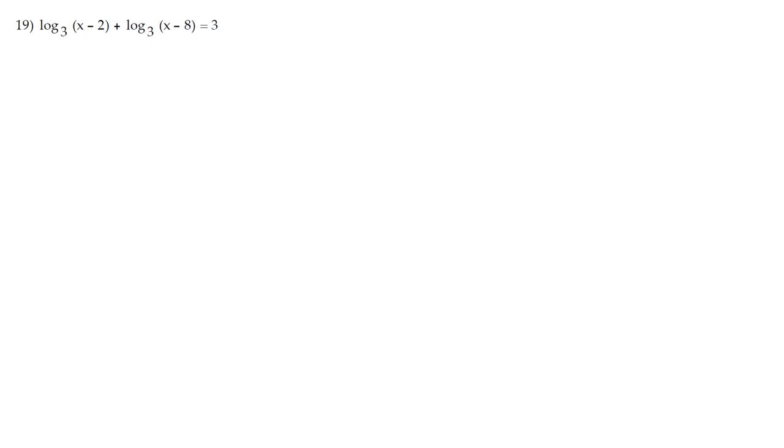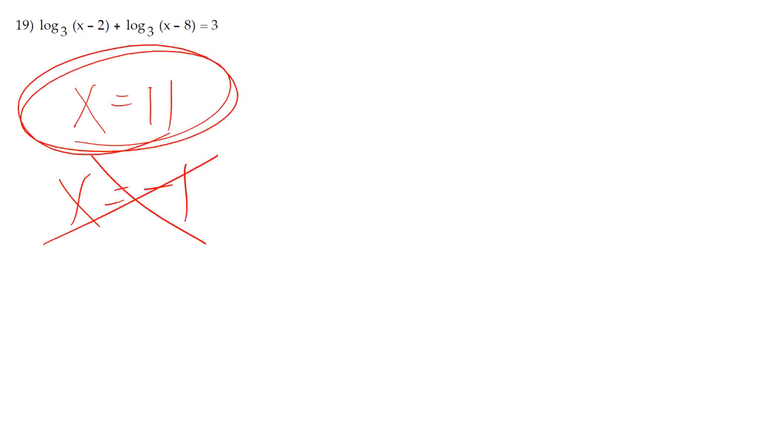Sorry, a little technical difficulty, but so if we have two solutions, x equals 11 and x equals negative 1, the only solution can be 11 and not negative 1. So therefore, we could just circle the ones that work, cross out the ones that don't work, but understand that this does not have two solutions. It only has one solution.